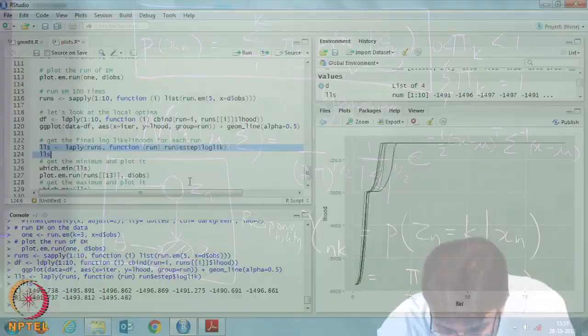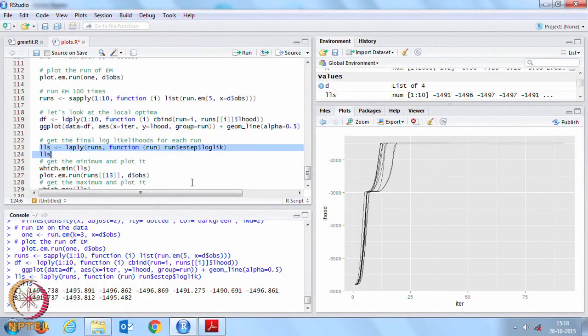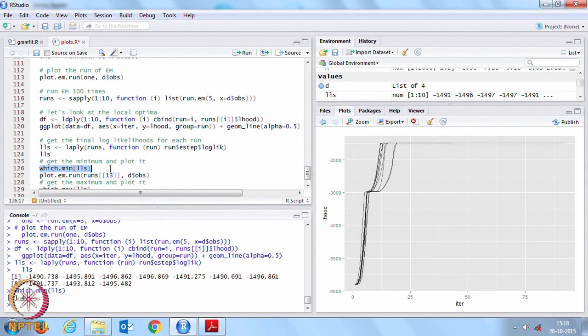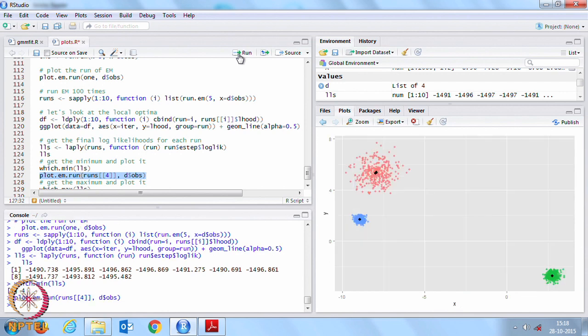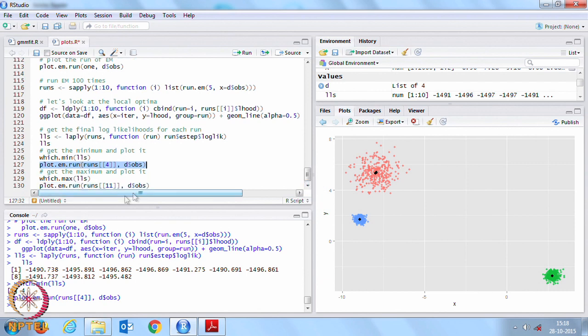So, these are the 10 final likelihood values that I got when I ran EM 10 times, and the minimum is 4. In this case the likelihood values, this is a very easy case.